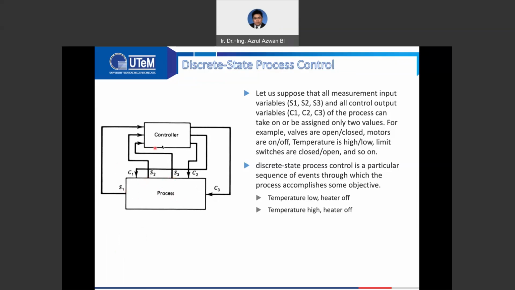It goes to the controller, and all control output variables C1, C2, and C3, but the process can take on or be assigned only two values. For example, valves are open or closed, so two values. Motors are on or off, two values. Temperature is high or low, two values. Limit switches are open or closed, and so on. Discrete state process control is a particular sequence of events through which the process accomplishes some objective.